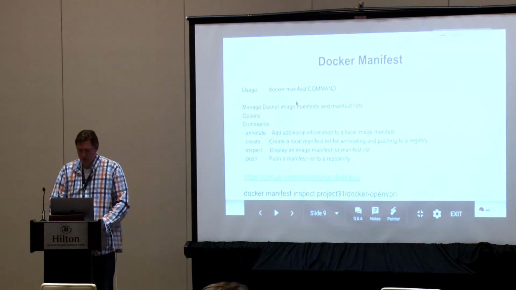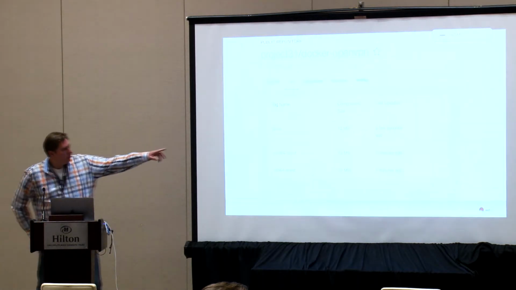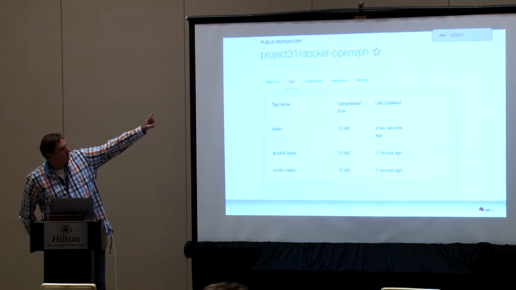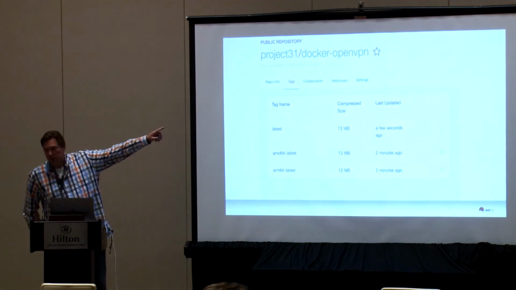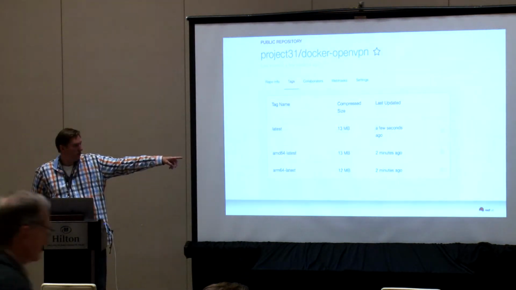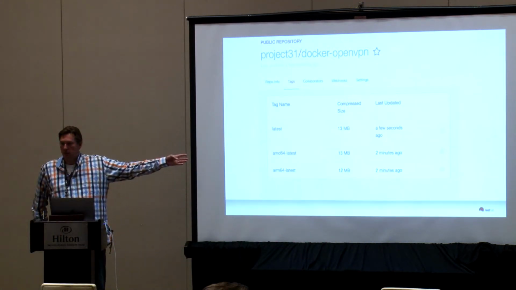Cool. So we've done manifest, right? So what it looks like on Docker Hub is that the repository project31/docker-openvpn, and I'm using the tag to name it with the architecture that it is, so that as a human I can see this as well.